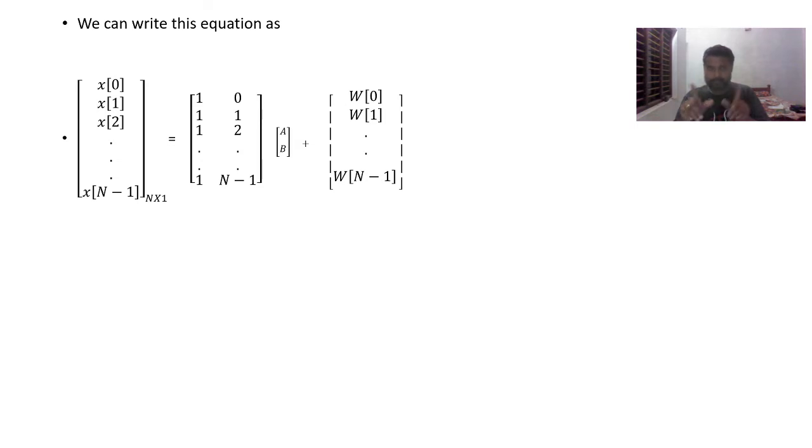Next one is the white Gaussian noise, w of 0, w of 1, etc, w of n minus 1, that is also an n cross 1 matrix. So just write n cross 1, n cross 2, 2 by 1, and n cross 1 below the matrix sign. So the above matrix equation can be represented in this form as vector x equal to h theta plus w.